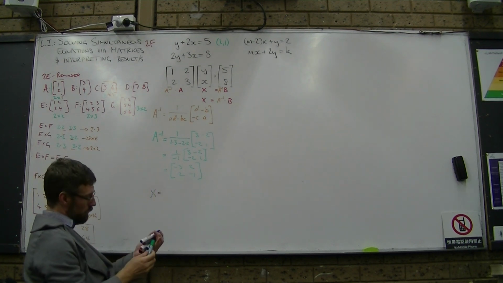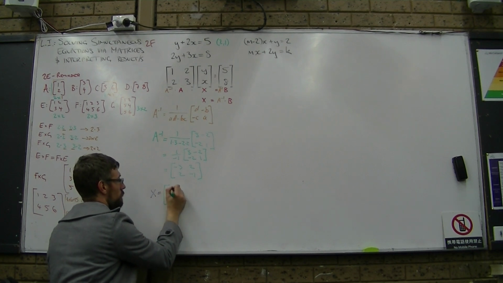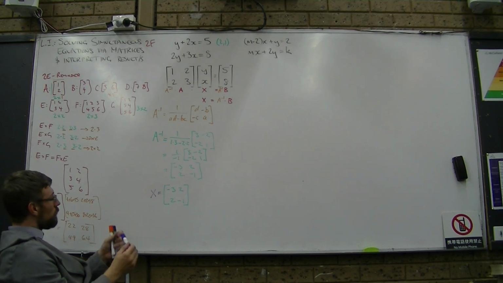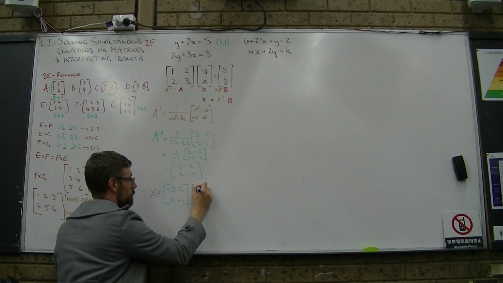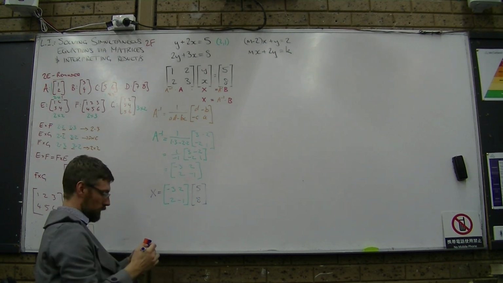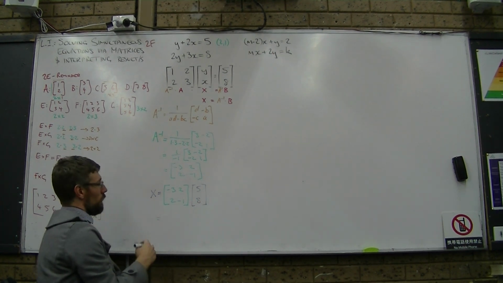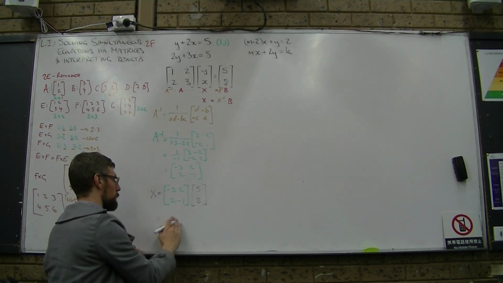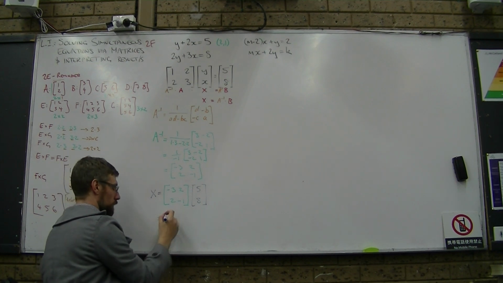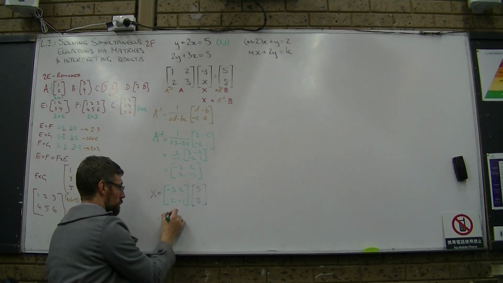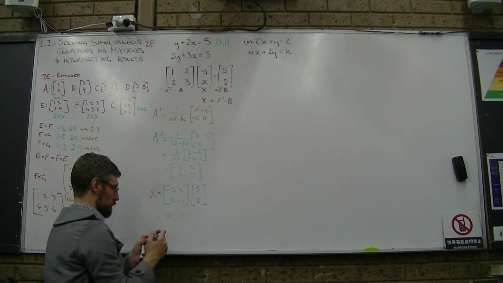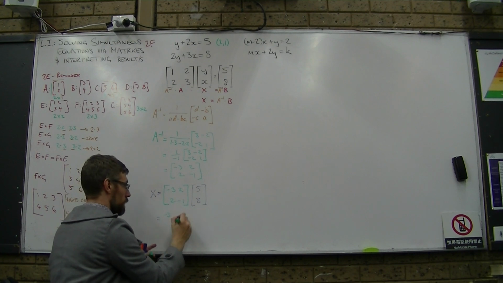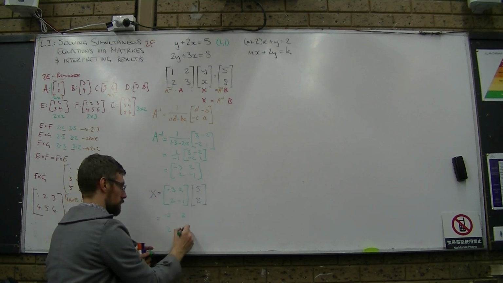Cool, multiply these through. Multiply everyone. -15 and 16 gives me 1. Actually, maybe I should write this down just to make it clear. This by this, this by this.